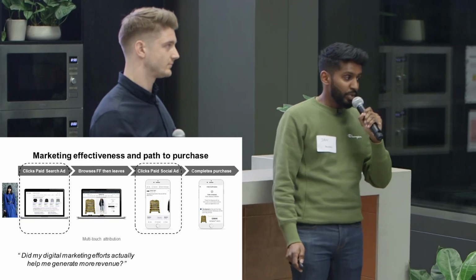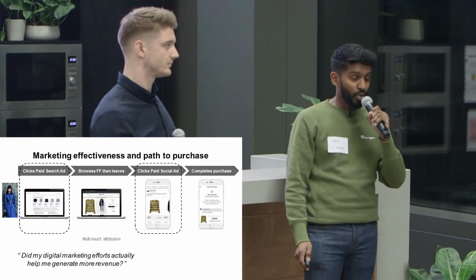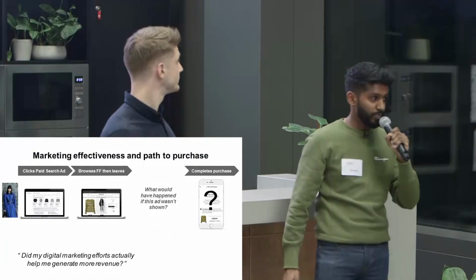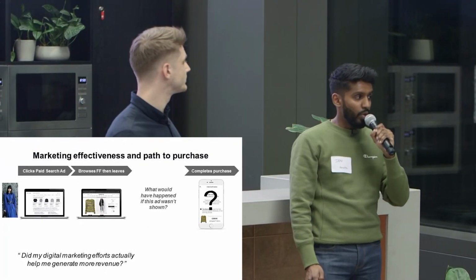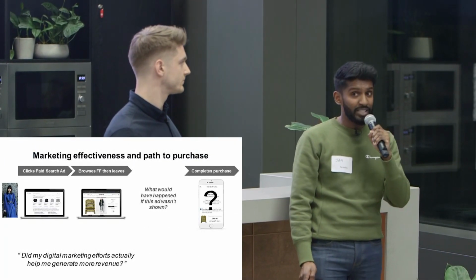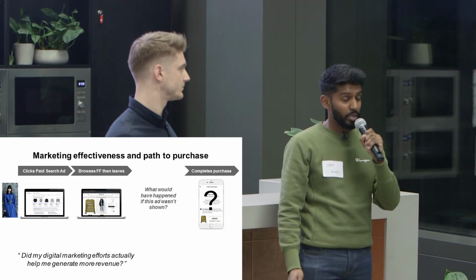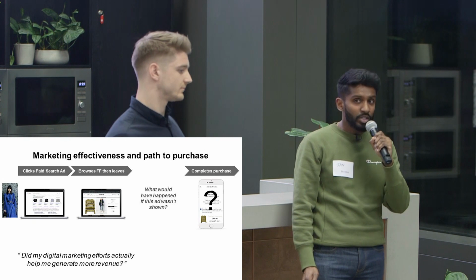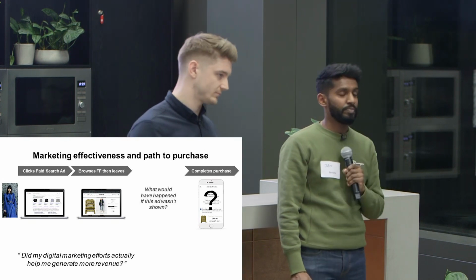However, the attribution models still don't answer the question of causal effect. Using paid social as an example, what would have happened if this ad wasn't shown? What effect did it have on the customer's propensity to purchase? More specifically, what was the incremental effect of the ad?